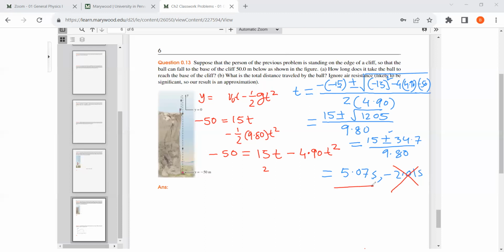So the time it takes to go from the point when she threw it upward to this point is 5.07 second. Here we have to solve a quadratic equation. Make sure you understand how to solve a quadratic equation.